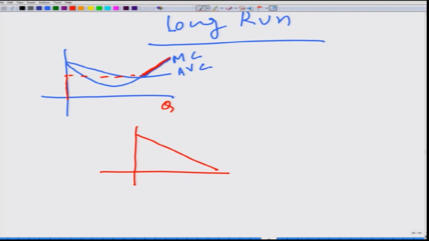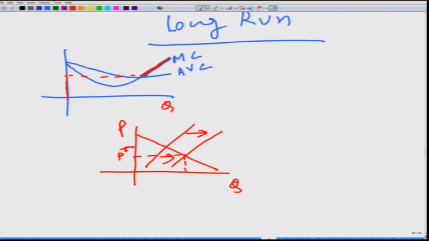As market supply increases, if we look at it, here is the demand curve and here is the supply curve. If supply increases, what happens? The equilibrium market price goes down.